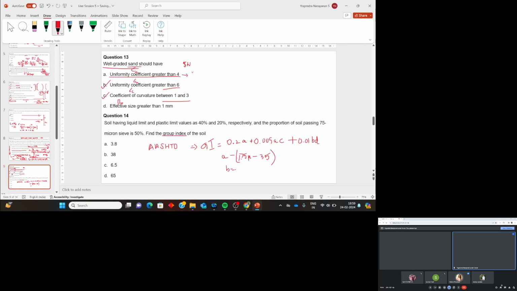B is percentage finer than 75 microns minus 15. C is liquid limit minus 40. D is plastic limit minus 20. So please calculate each of the values and substitute it, and please let me know the answer.